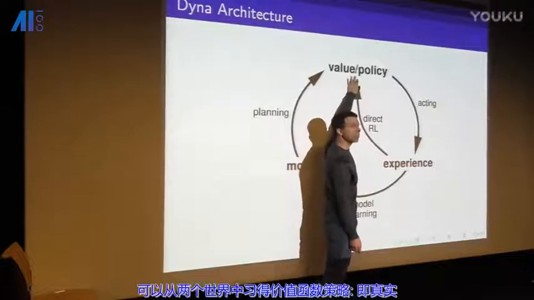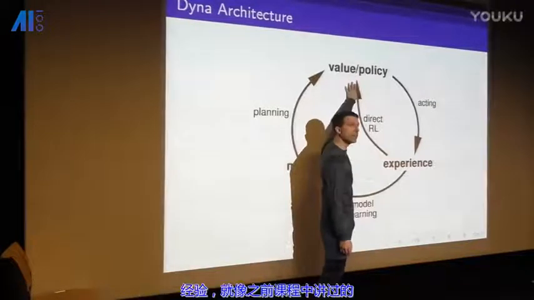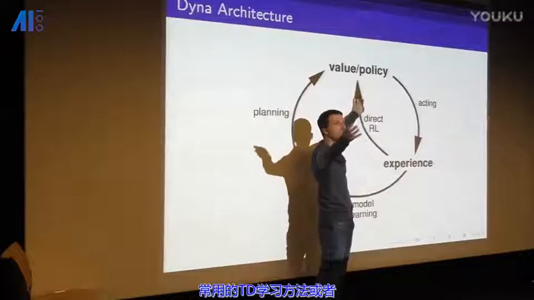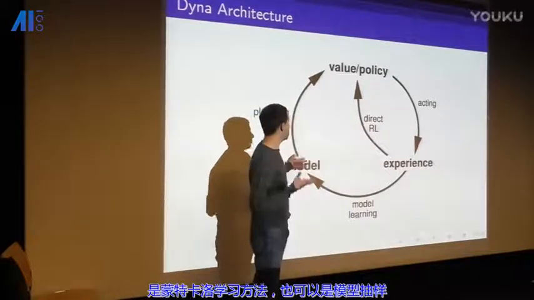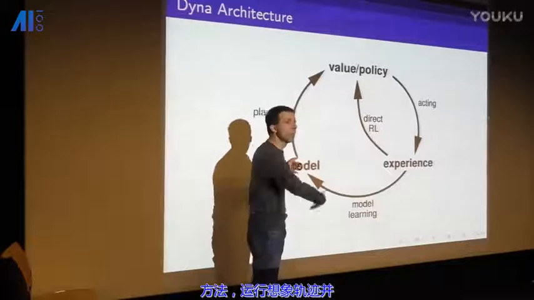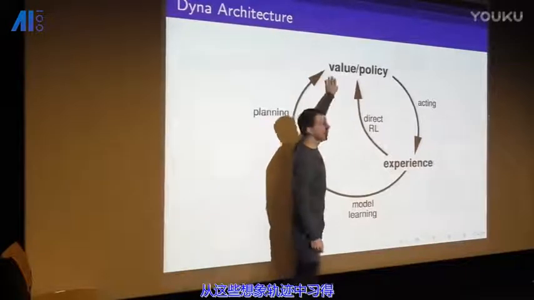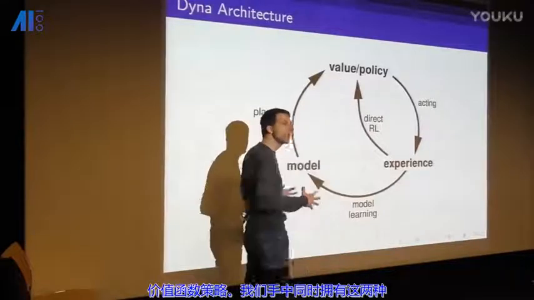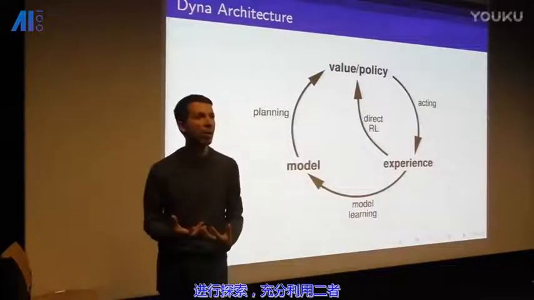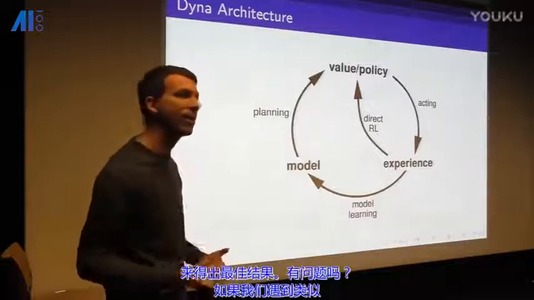So we learn the value function or policy in two ways. From real experience, just like our usual TD learning or Monte Carlo learning from earlier lectures, and also by sampling from our model, running imagined trajectories, and learning the value function or policy from those. We've got those two sources of experience coming together. Let's exploit them both and get the most out of this by using both of them.